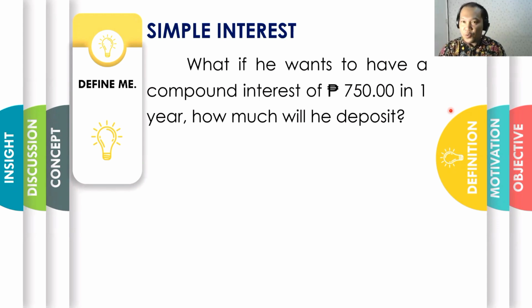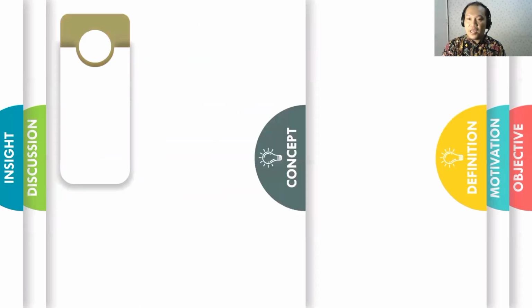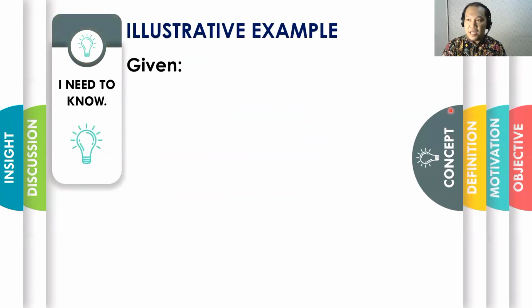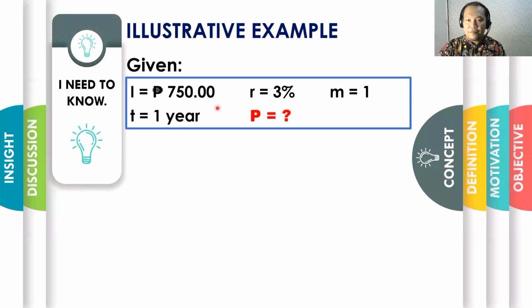To answer question number 3, this will be the given. We have the interest earned is equivalent to 750 pesos, the rate is 3%, conversion is 1, and the time is 1 year.